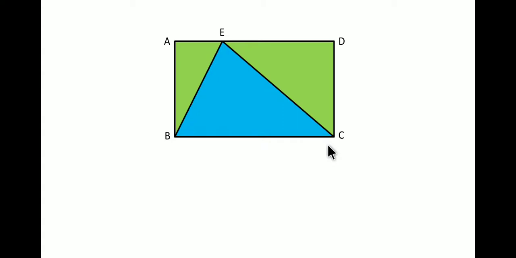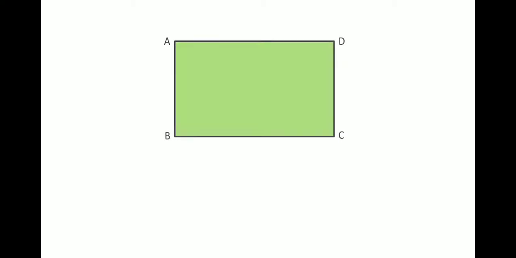So in this case, first we learn how the triangle's area is obtained. Let's say that this rectangle is divided into two parts by drawing a line EF. Now here we have a rectangle ABFE and another rectangle EFCD. So there are two rectangles.